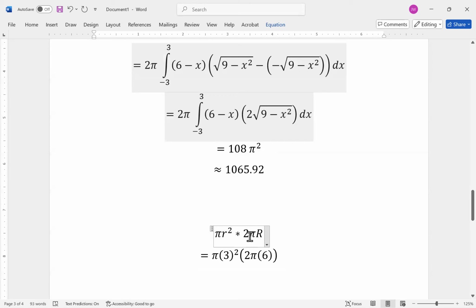So there is a general formula for the volume of a torus. And again, it's pi r squared. That's the area of the circle that we start with. And then essentially the circumference of travel as we rotate it around, which is 2 pi times the other radius. So there we go.